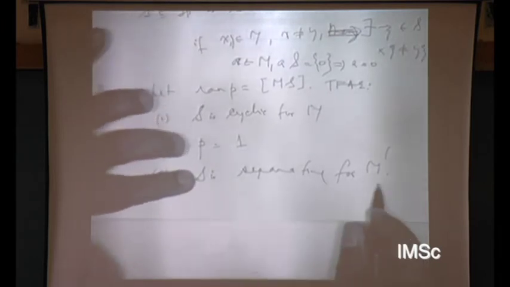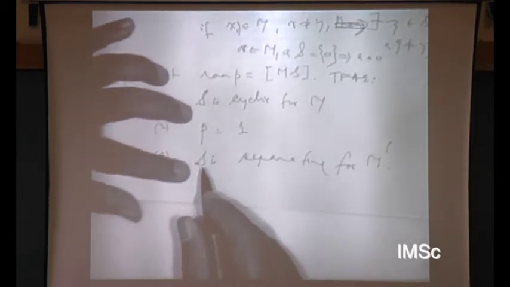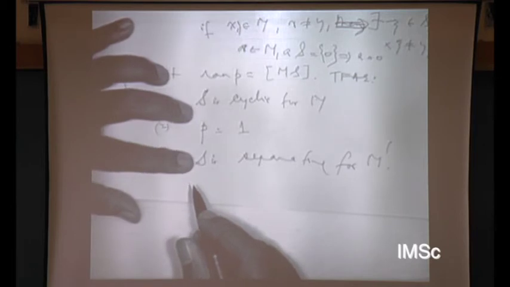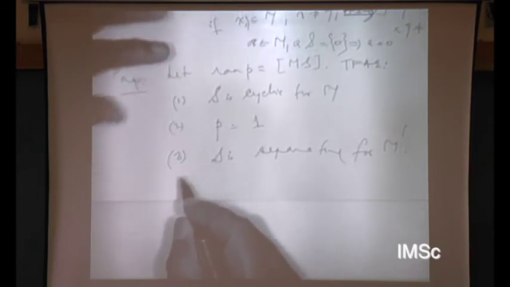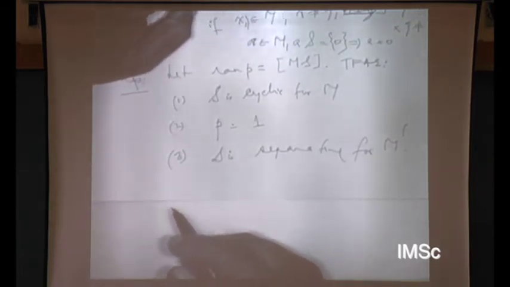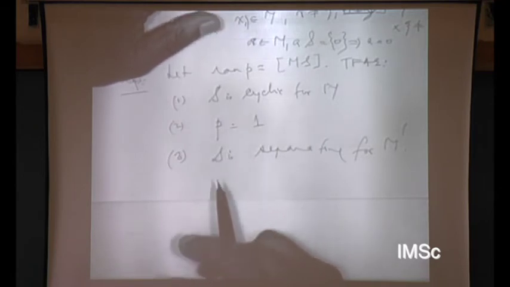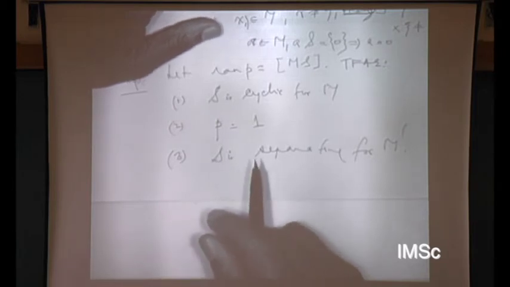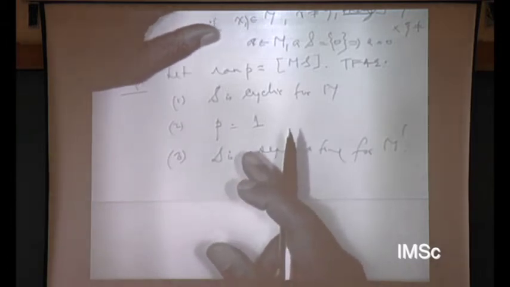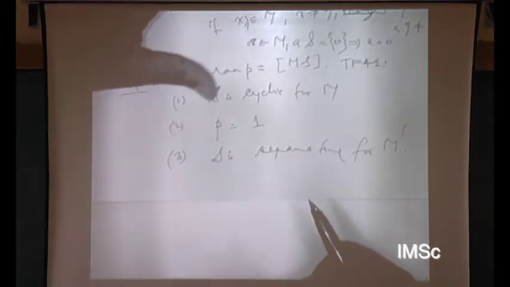What does it mean to say it is separating for M prime? That if X prime kills all of S, see, notice that this MS closure is the smallest M-invariant subspace. The projection onto this is M-invariant, so the projection P must be in M prime.